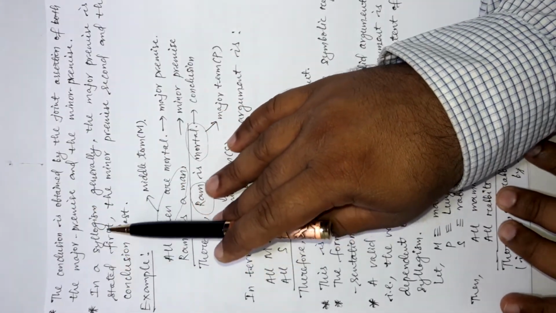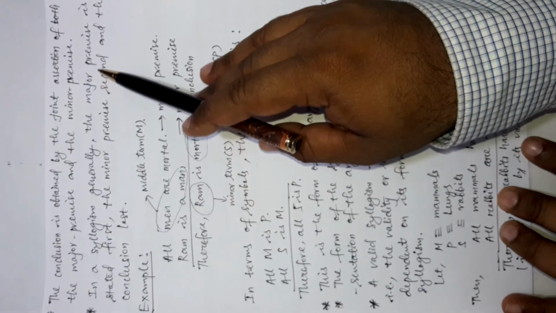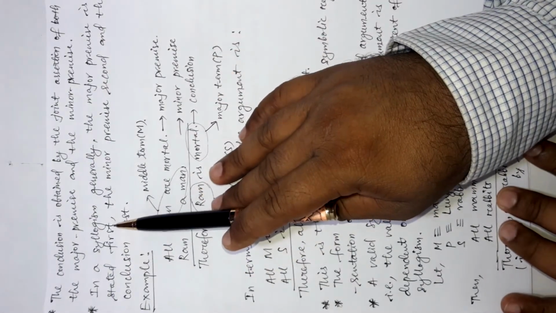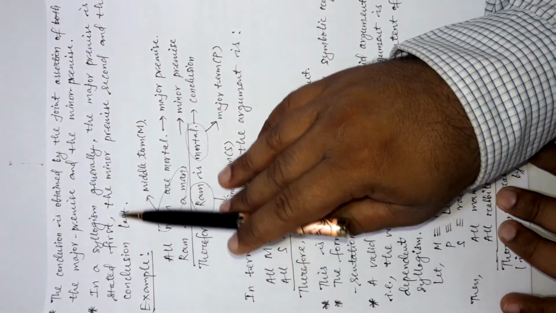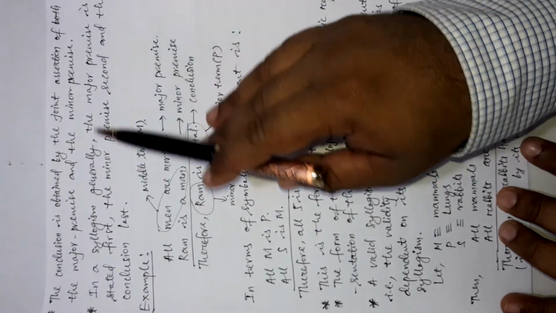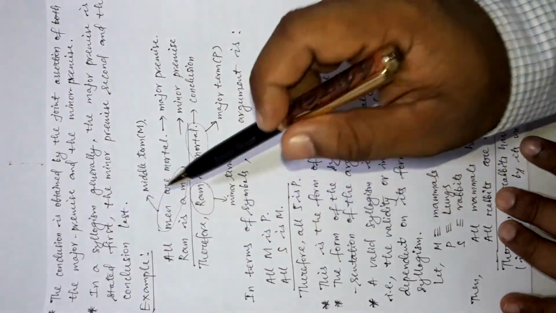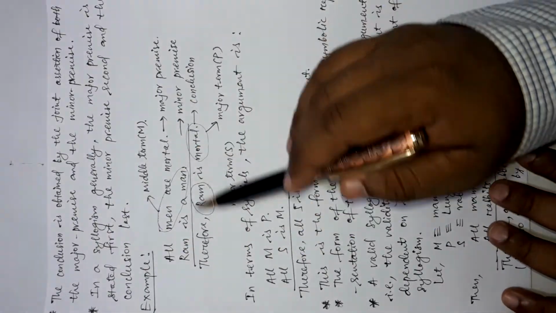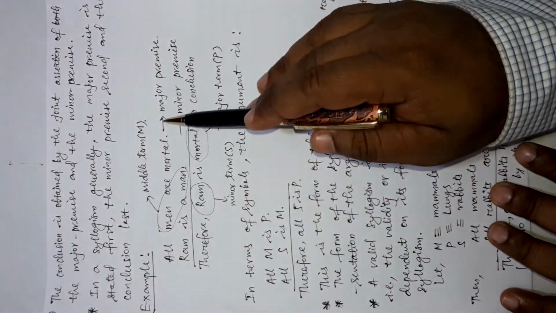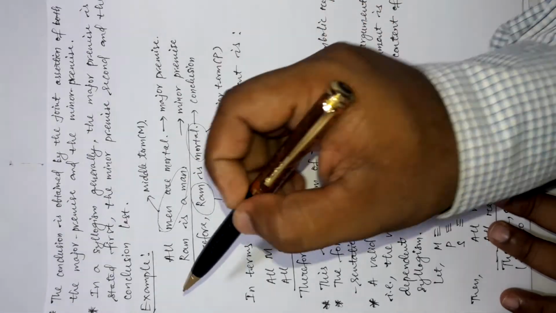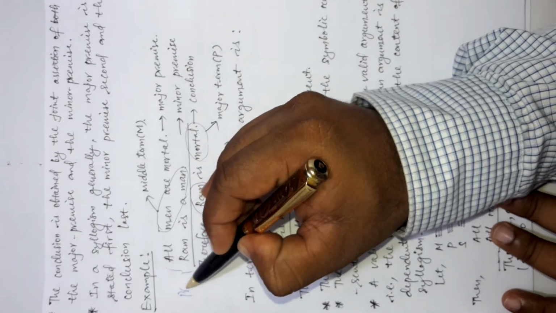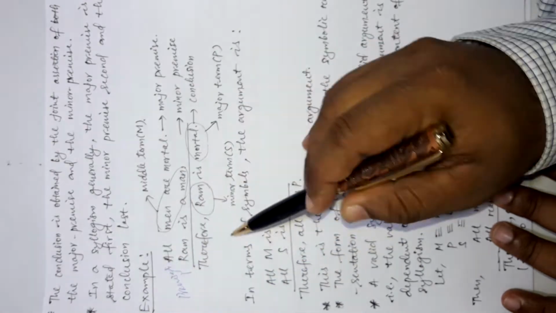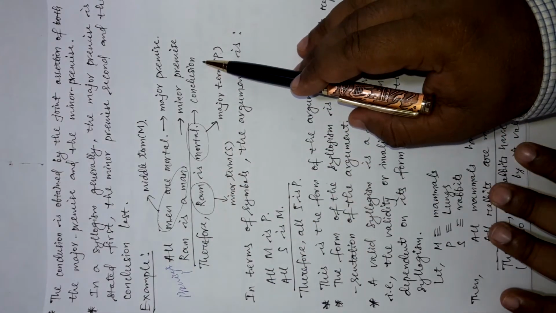Now, in a syllogism, generally the major premise is stated first, the minor premise is second and the conclusion is last. So, in a syllogism which contains three propositions, the first two are premises and the last one is the conclusion.